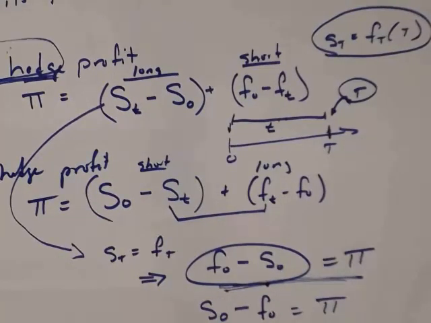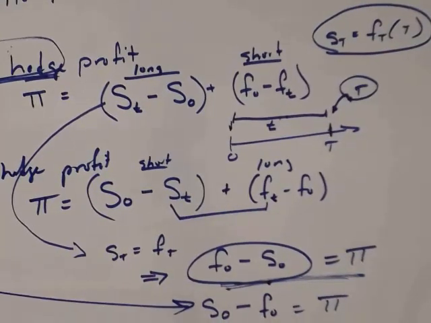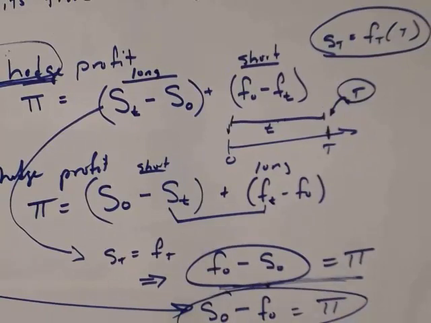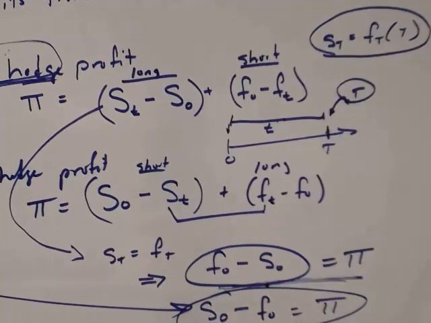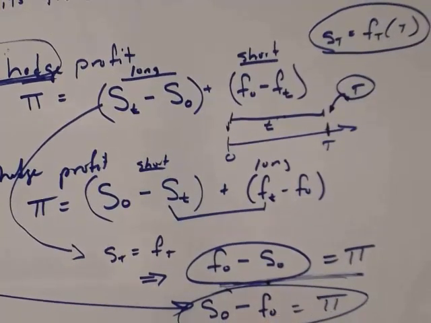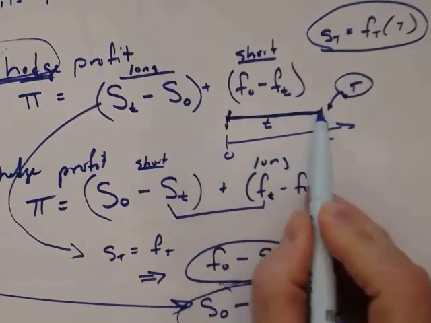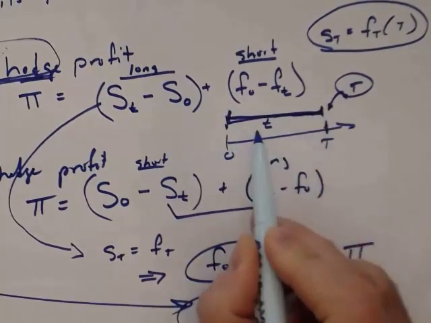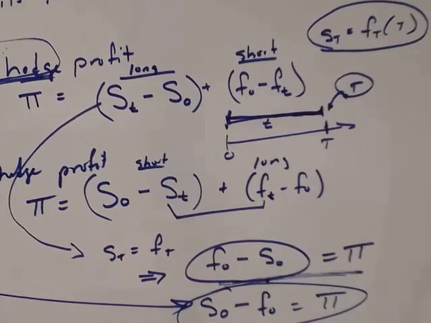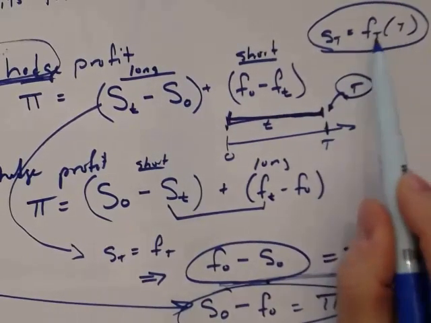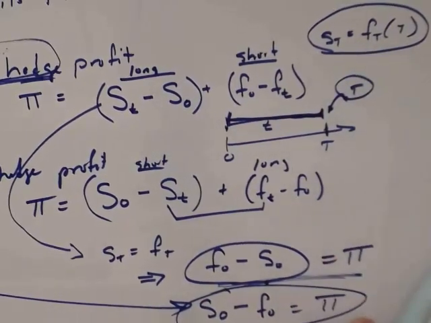That will be your profit for the long hedge. So it boils down to this, nice and simple, which means there's no basis risk. But if you lift the hedge early, you're subject to basis risk because you can't apply the convergence principle to the story here.